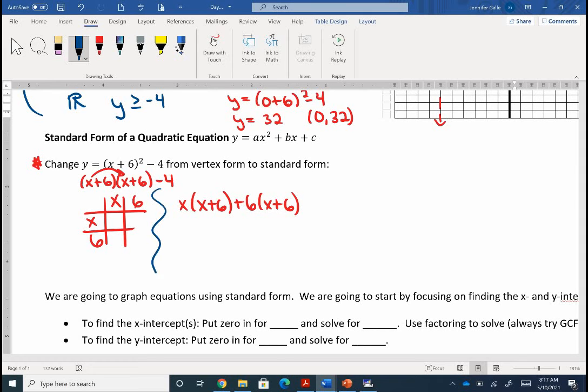So if you liked the boxes, if you liked the parentheses, if you just want to do FOIL, up to you, whichever method you liked. So go ahead and multiply those out, whichever way you like.